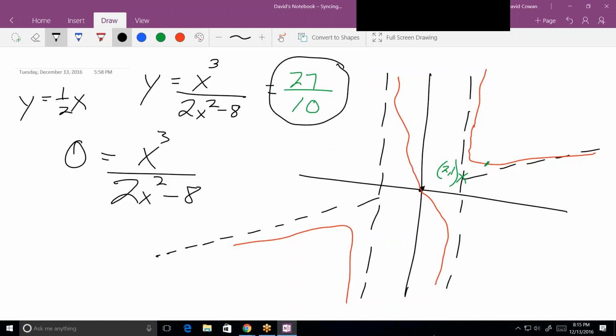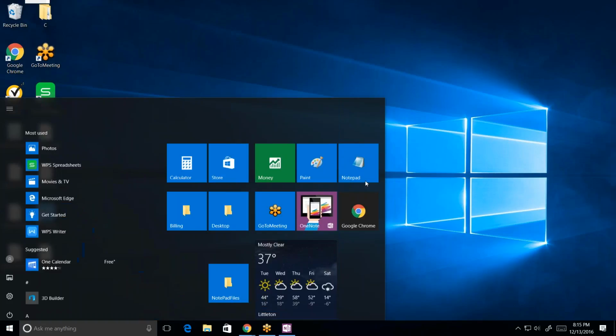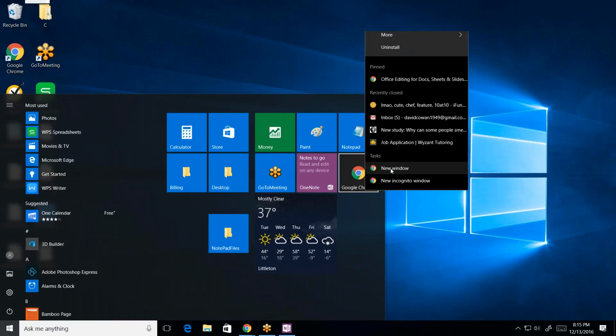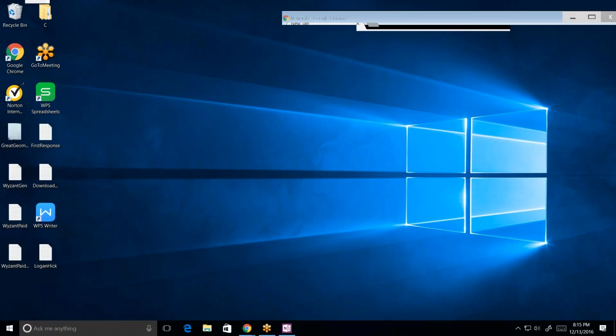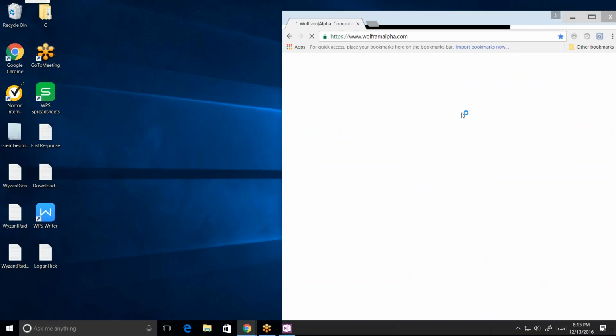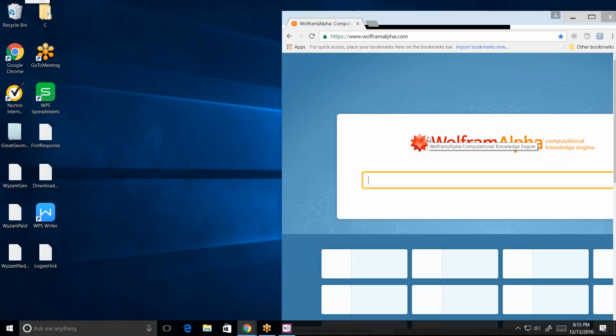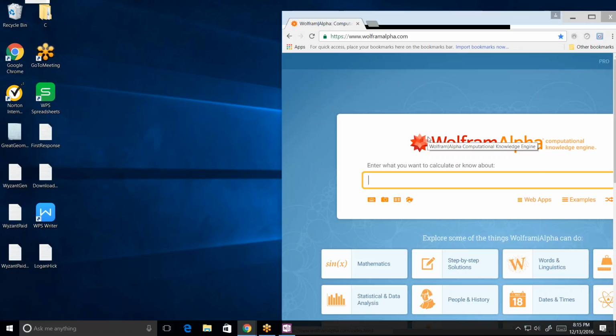Okay, now let's check. Let me open up Wolfram Alpha and put this thing in there and see what they show. This program you have is very handy. It is, it's really a cool calculator. Actually, they call this a knowledge database.